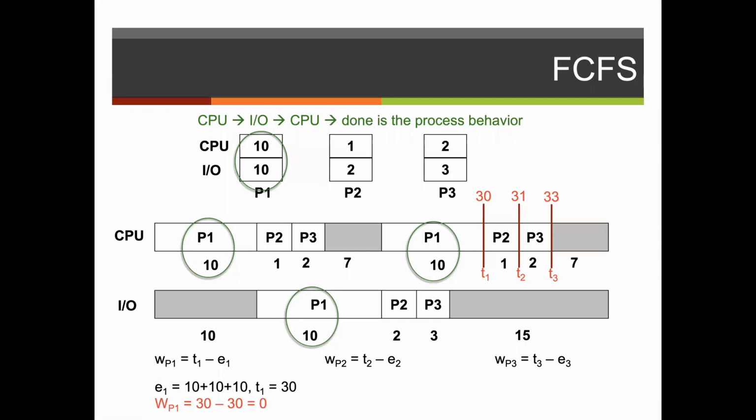Taking this into consideration, we can have the time to be 10 plus 10 plus 10, so that we have calculated for that time frame. And then we know that T1 has a time of 30 based off of the CPU time that we've calculated here. And so the wait time for P1 is going to be 0.